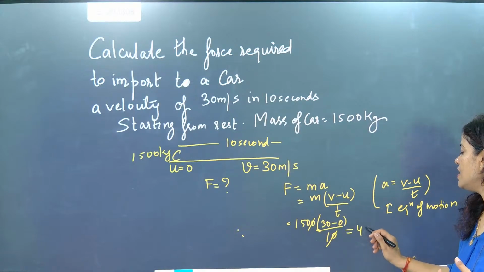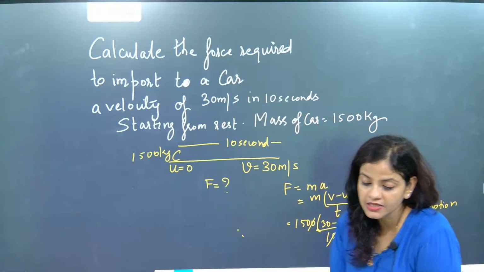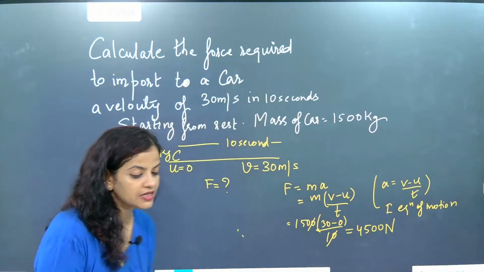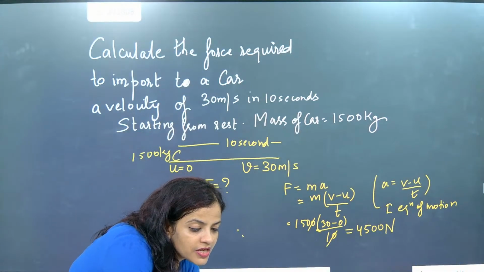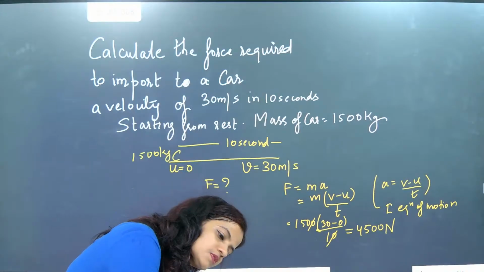4500 Newton. So what is the correct answer? 4500 Newton. Let's check how many children have given the correct answer. Amrish gave the first answer here. Here, the first answer was given by Arunisha, and second was Tanisha.